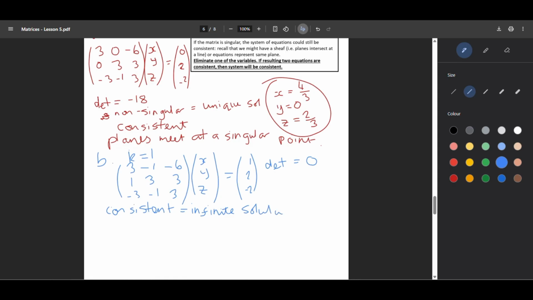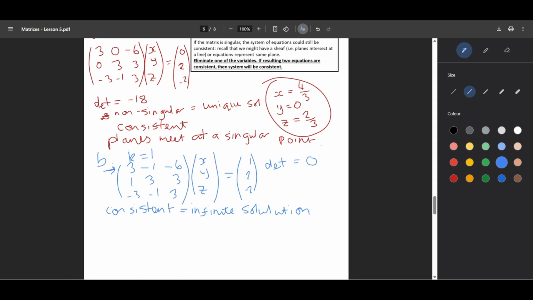So remember, if they're the same plane, they will form basically the same equation if we scale them up or down. So let's have a look at that matrix and see what happens. For this first one here, it doesn't look like with equation 2 that they are the same plane, because if I multiply, that doesn't work.